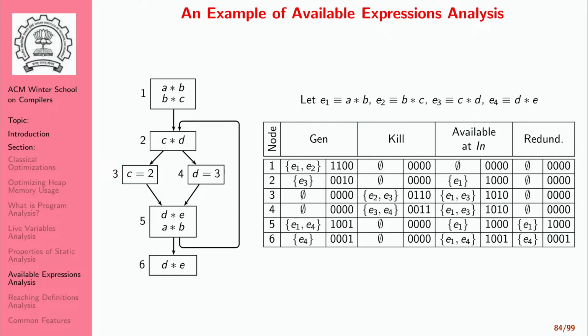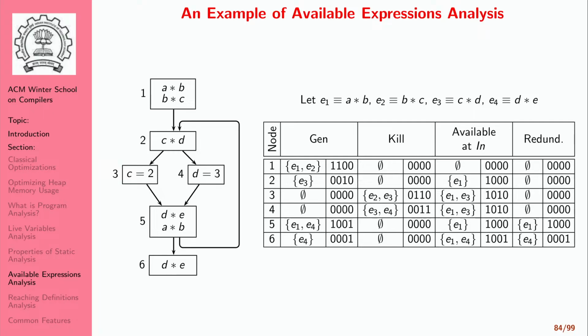Now I want you to go through this program and for each node justify why the set gen is like this or why the set kill is like this, or alternatively why this bit vector is all zeros and why this bit vector is 0 1 1 0. Yes, 1 means the expression is available, 0 means it's not available.